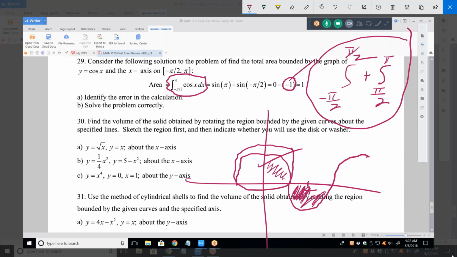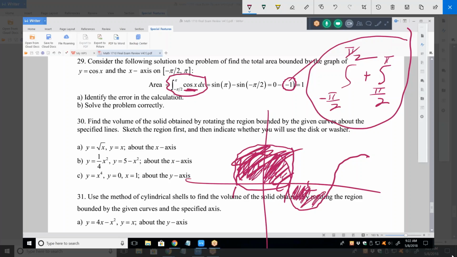Should we do this or not? No, I got it. What you've got to realize is that you want to draw the curve of the function, not the antiderivative. You want to draw the curve of the function, and then notice that this is all positive area. This is all positive area. So I can just do it from minus pi over 2 to plus pi over 2, and I'll get all that area. Okay?